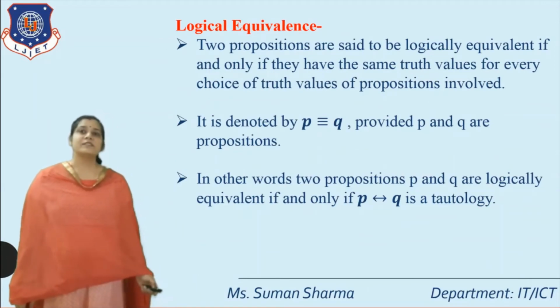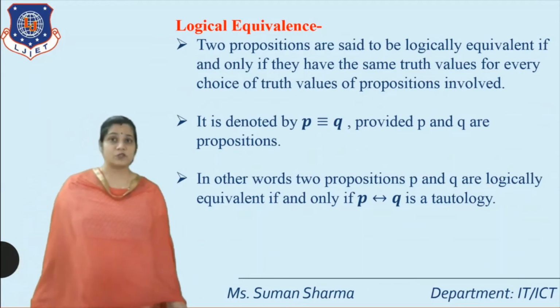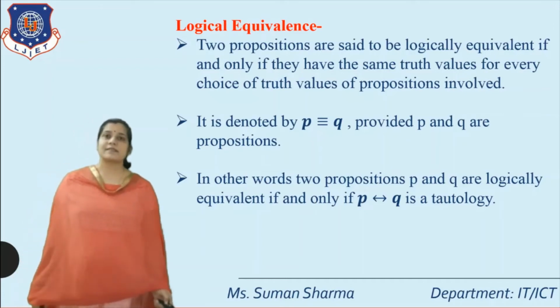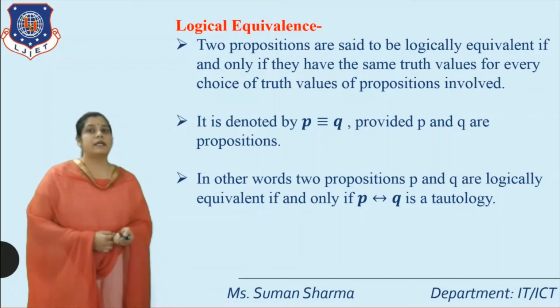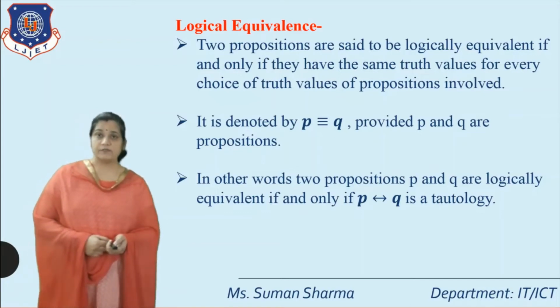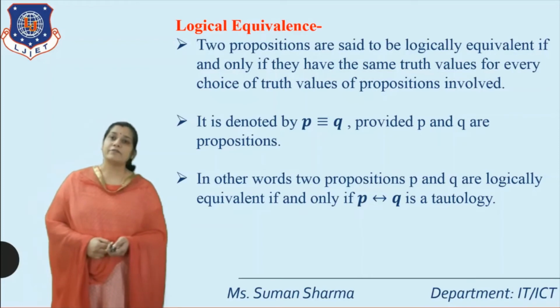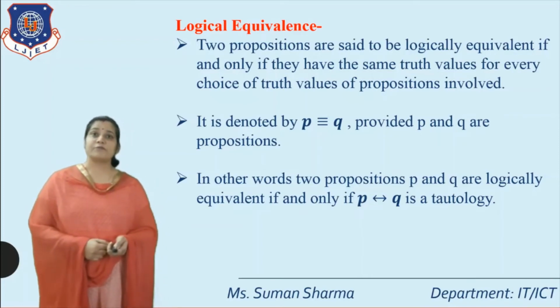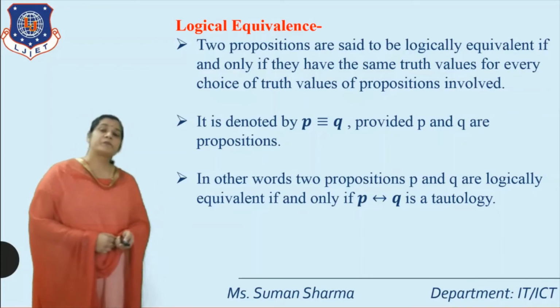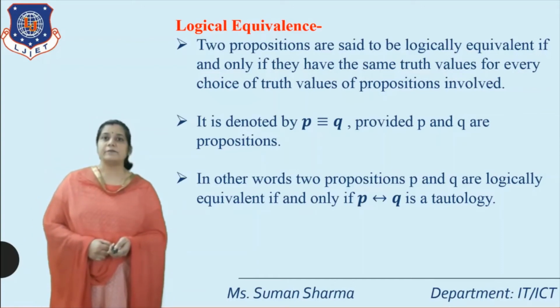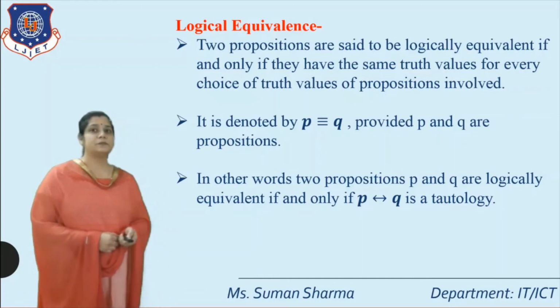Next is logical equivalence. What do we mean by logical equivalence? Two propositions are said to be logically equivalent if and only if they have the same truth values for every choice of truth values of the propositions involved. It is denoted by P equivalent to Q, where P and Q are propositions.